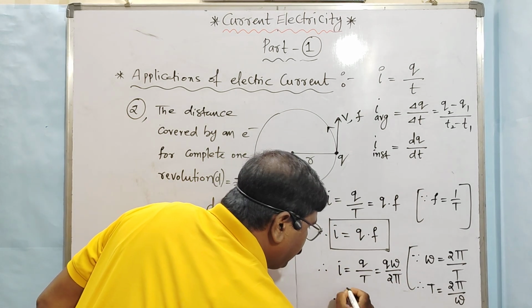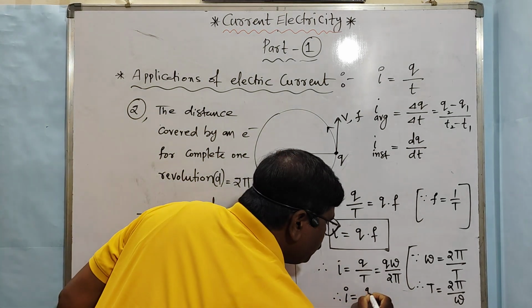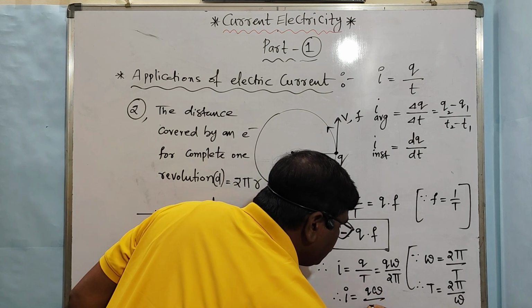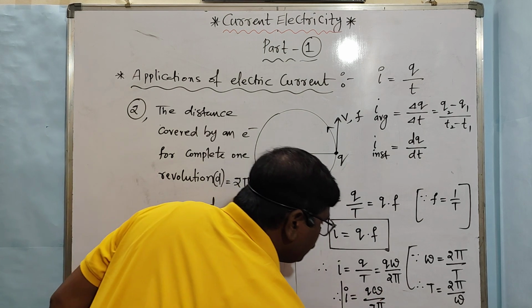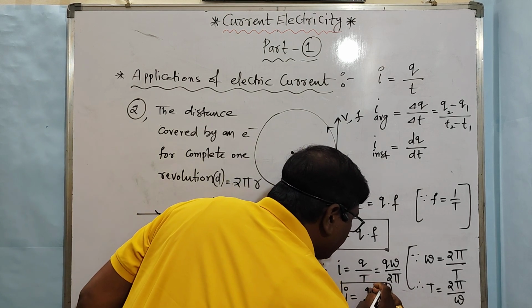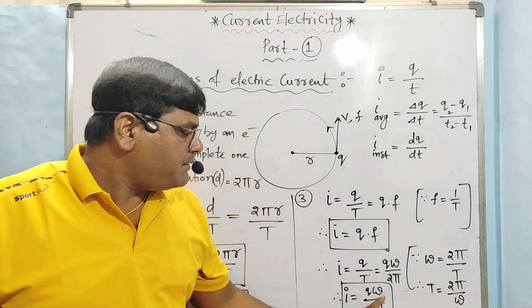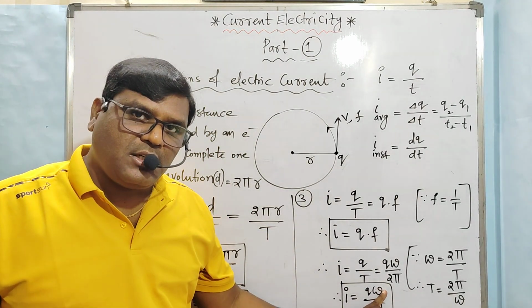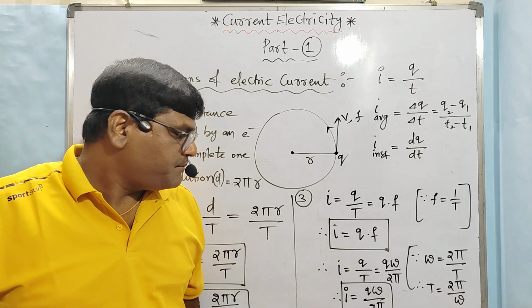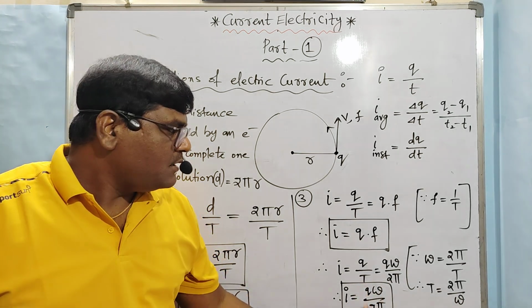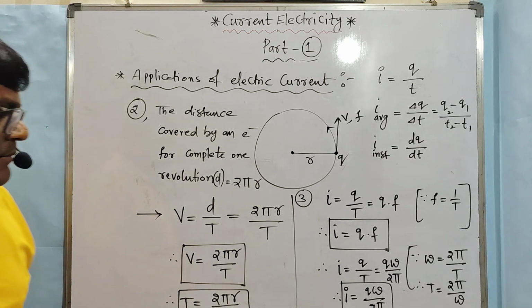So finally current I is equal to Q into omega, the angular velocity, by 2 pi. This is another formula for electric current, in terms of the angular velocity of the charged particle. Q omega by 2 pi, or Q into F.